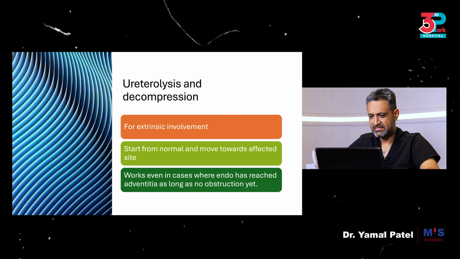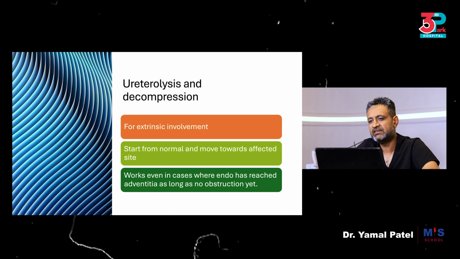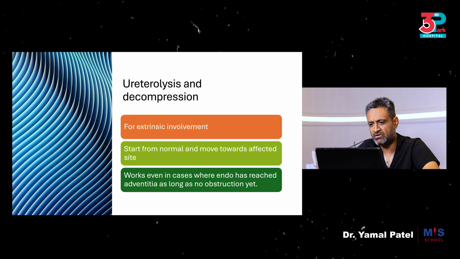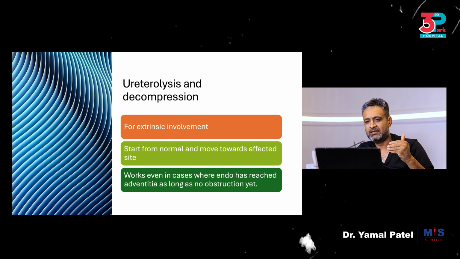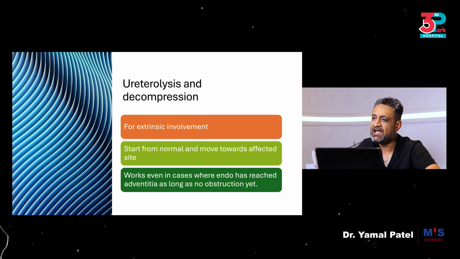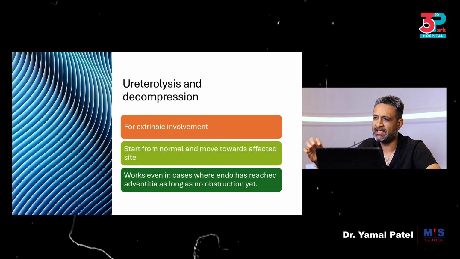So we start with the ureterolysis and decompression surgery. This is usually for extrinsic involvement, most of the times works, and it's good to know that you have to start from the normal and move towards the affected side. So please don't directly go to the affected, inflamed and fibrotic and nodular area.